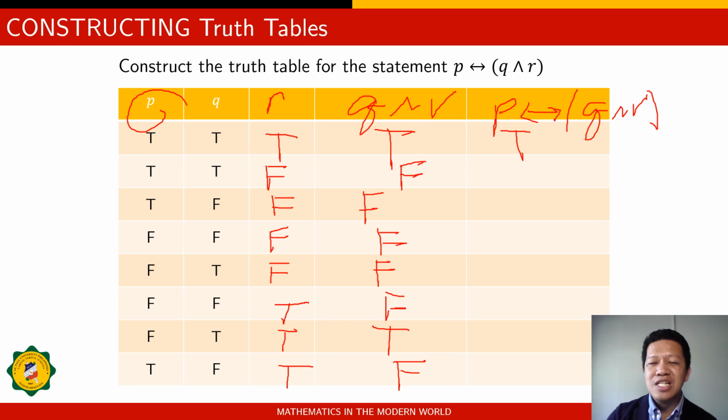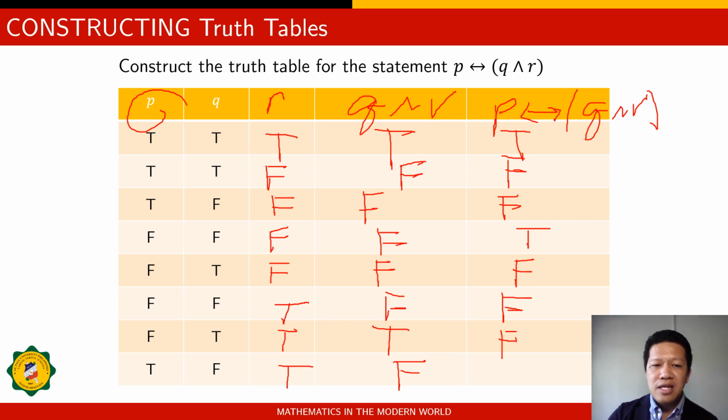Remember, biconditional is only true if both are false or if both are true. So true if and only if false, that's false. True if and only if false, that's false. We have false if and only if false, that's true. Then false if and only if false, that's false. And then we have false if and only if false, it's also false. Then false if and only if true, that's false.